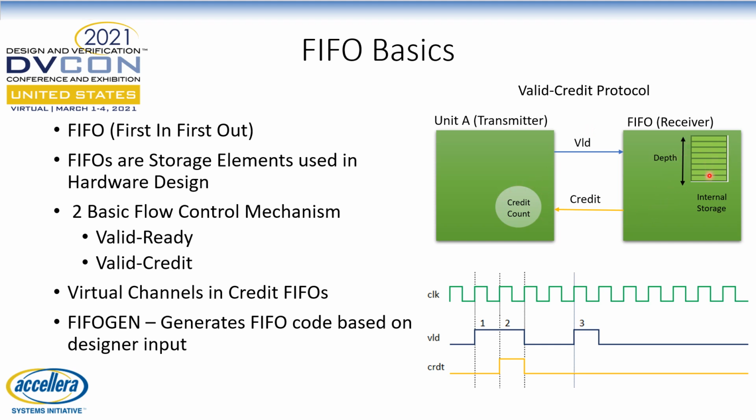When the FIFO pops out an element and more storage is available, it lets the transmitter know by returning a credit signal, and at that point the transmitter increases its credit count. In this way, the transmitter can keep transmitting packets as long as the credit count is greater than 0. The moment the credit count is 0, it can no longer transmit any packet, and at that point, back pressure is said to have been achieved.